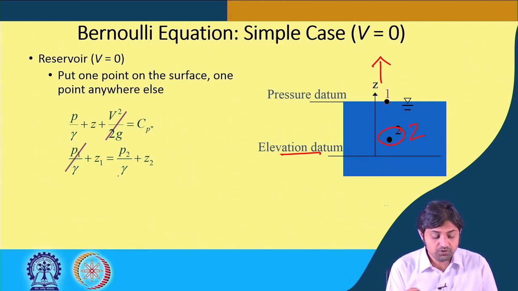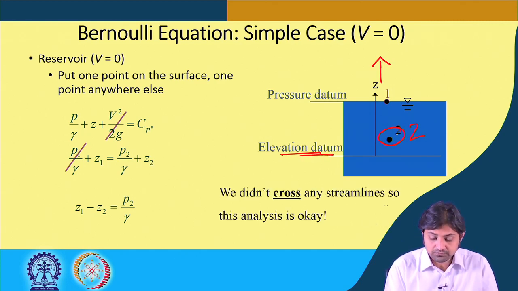We also know that P1 is a gauge pressure and this is a pressure datum, atmospheric pressure. So P1 will be 0, right? So we can write Z1 minus Z2 is equal to P2 by gamma, because the elevation datum is here. So point 2 is anywhere.